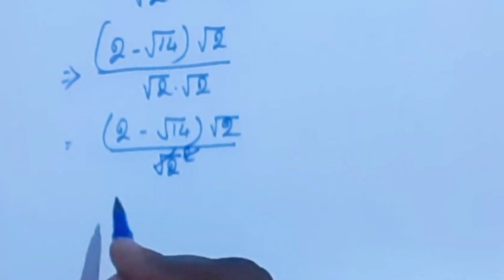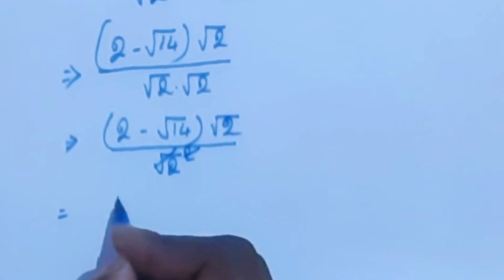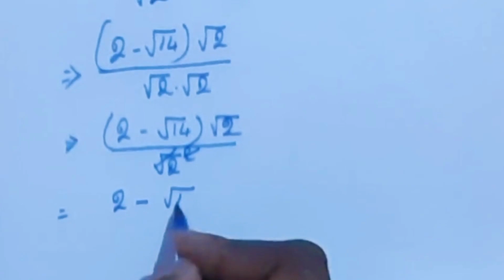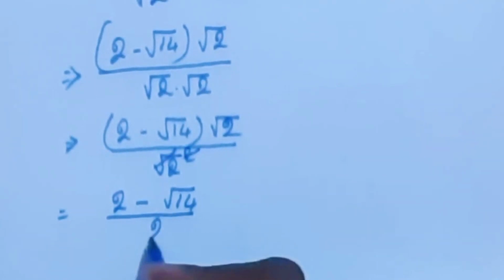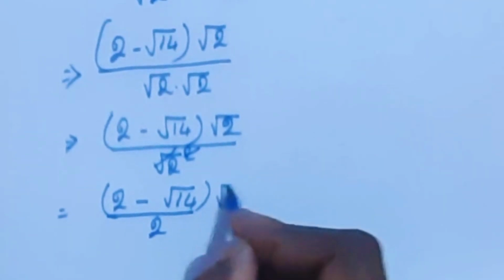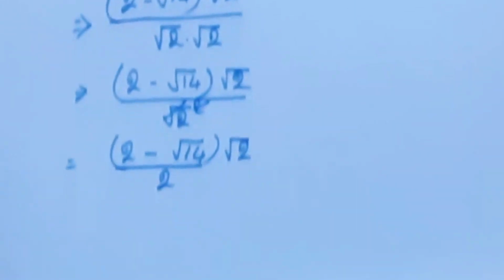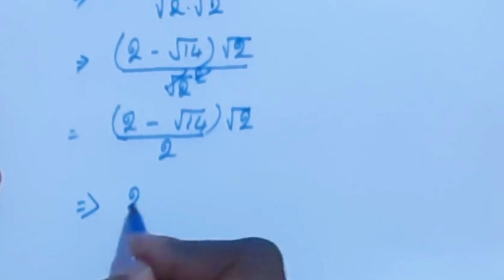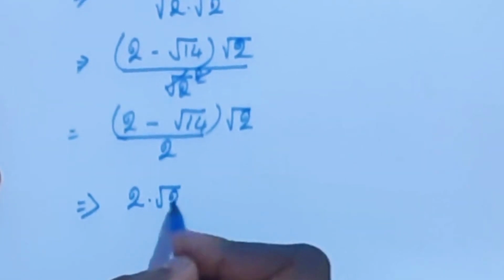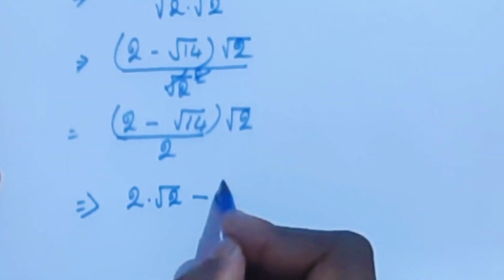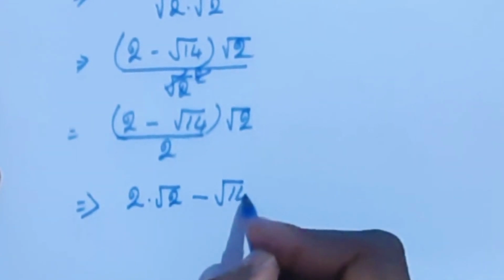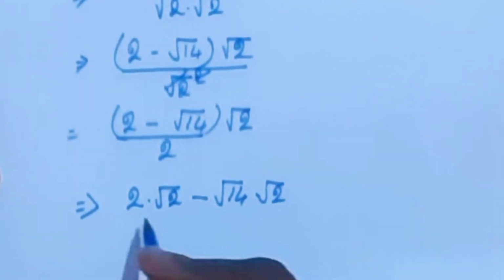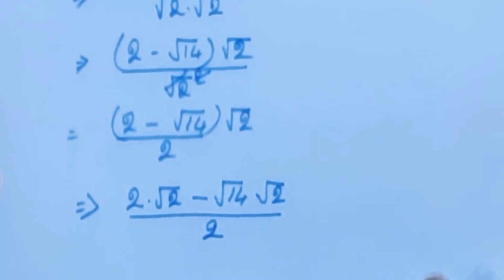Now we have 2 minus square root of 14, divided by 2, times square root of 2. Now we are going to multiply this here, square root of 2. So 2 times square root of 2 minus square root of 14 times square root of 2, divided by 2.